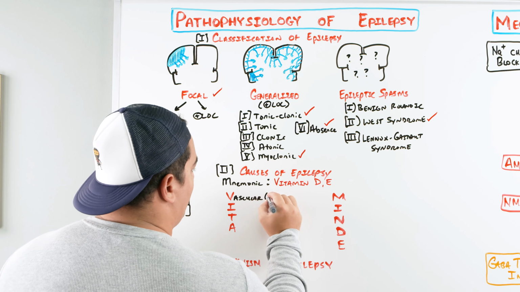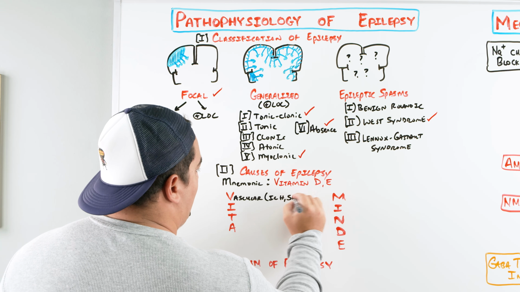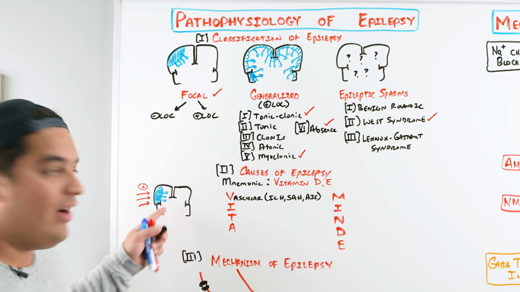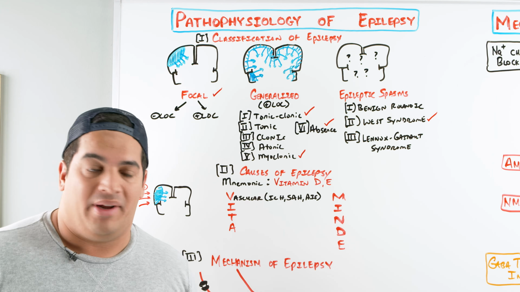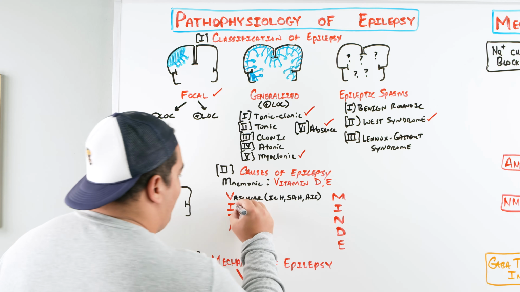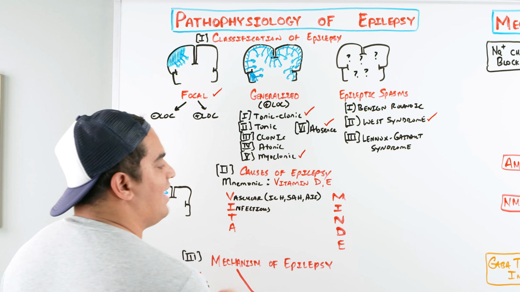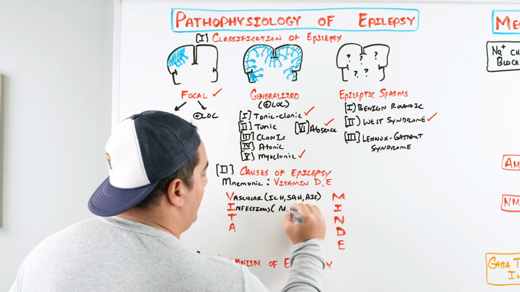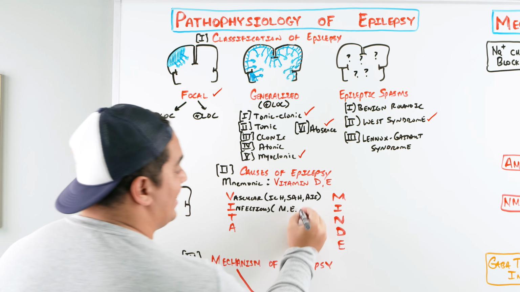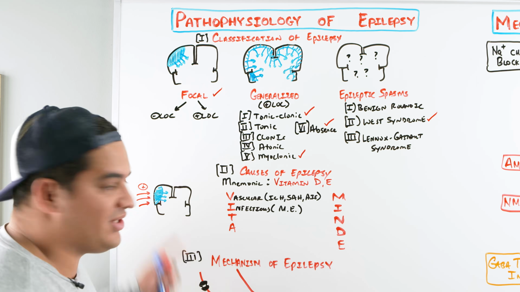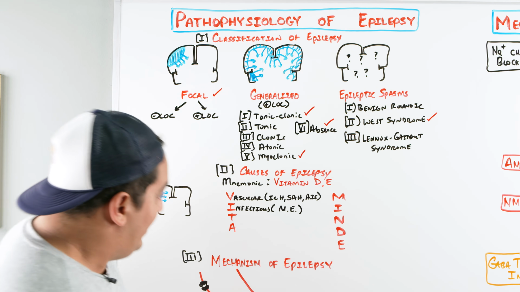Just a quick example, if someone has a subarachnoid hemorrhage, if someone has an acute ischemic stroke, those are particular areas where you damage that tissue, now it can become irritable. I is infectious. So if someone has things like meningitis or encephalitis, this could be a potential irritable focus because the meninges are right next to the cortex. T, trauma.